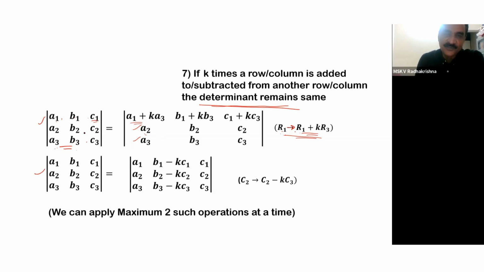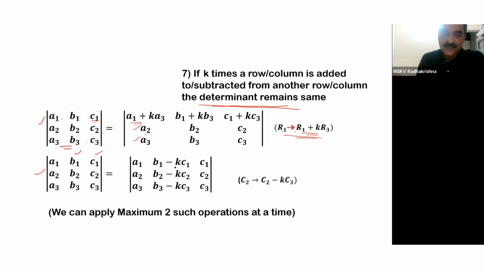This is a row operation. This time I want to apply a column operation. I want to subtract k times of the third column from the second column. See, k times of the third column is kC1, kC2, kC3. Subtracting from the second column, what you will get?